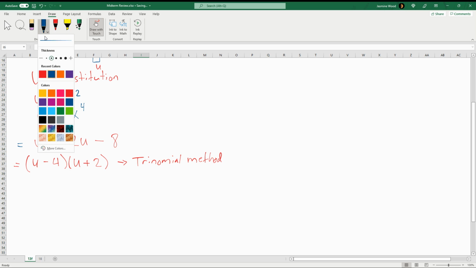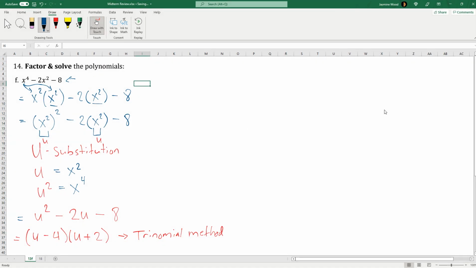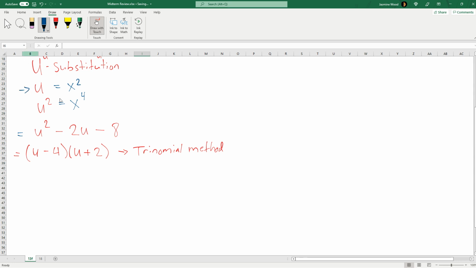But all we have to do now is, because the original problem is given in terms of x, we're just going to reverse substitute that U for x squared. Anytime we see a U, we'll put in x squared instead. So this will be equal to x squared minus 4, and then x squared plus 2.